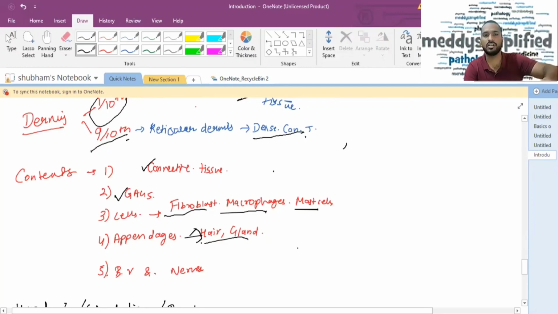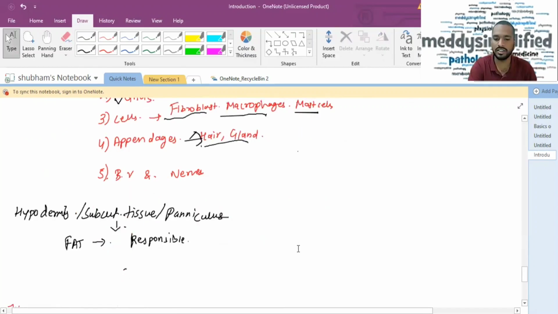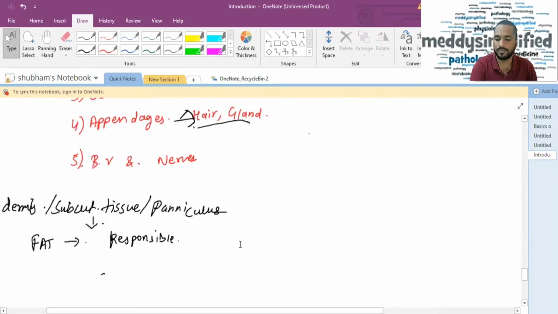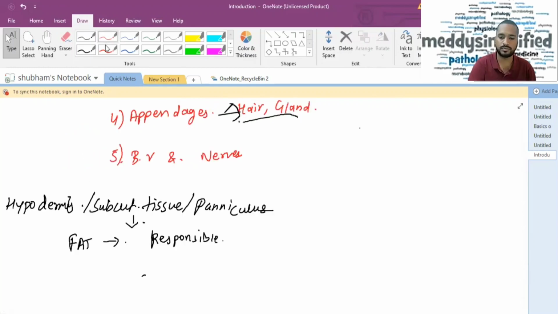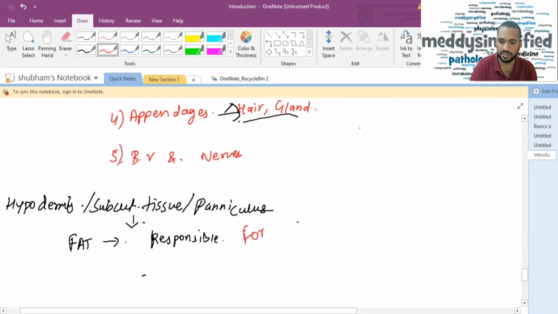Now going further, we are done with the epidermis and we talked about the dermis. The last very important thing is the hypodermis. Hypodermis is also known as subcutaneous tissue or panniculus, and it is responsible for insulation.